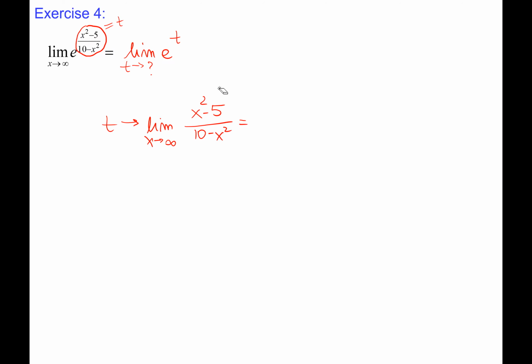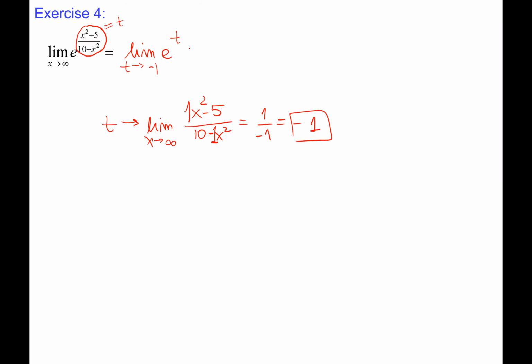And when we have a rational function, limits at infinity, we can easily compute this by looking at the degree of the polynomials from the numerator and denominator. If the degree is the same, x squared, then we have to take the ratio of the leading coefficients, which is 1 x squared and negative 1. 1 over negative 1, of course, is negative 1. Okay, that means t goes to negative 1.